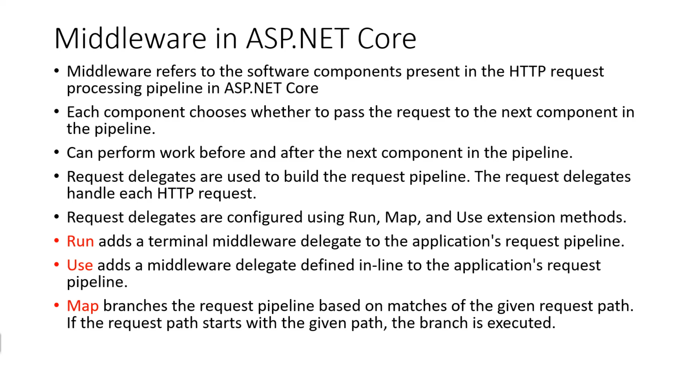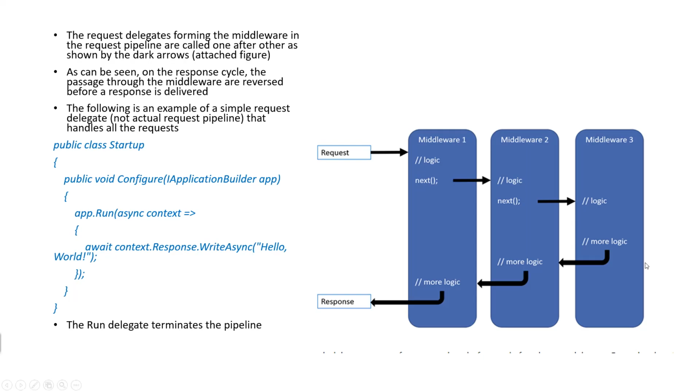The next one shows a diagram. This is the request pipeline, which contains say three middlewares, and this is the request response pipeline. The request comes here and is intercepted by middleware 1, which is nothing but a software component.